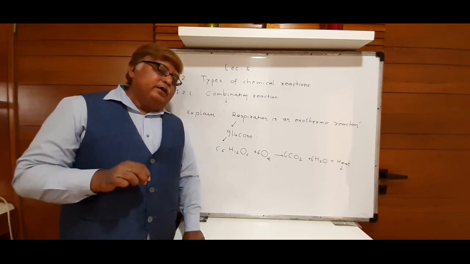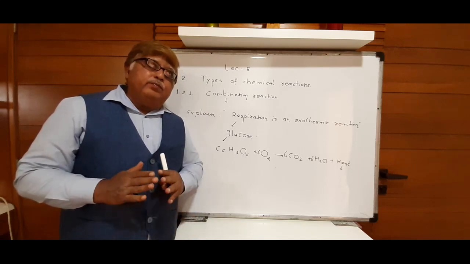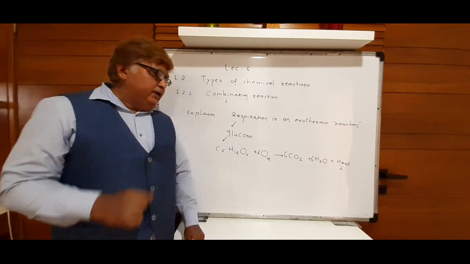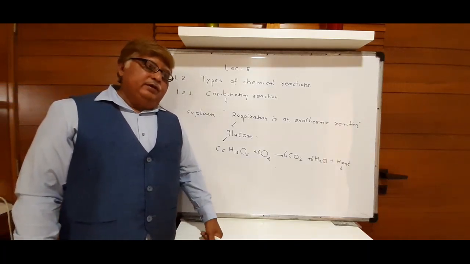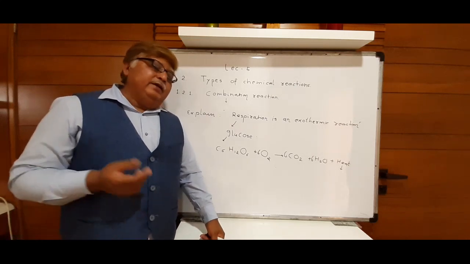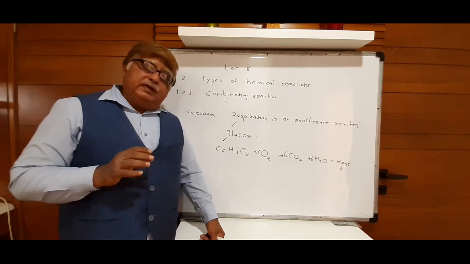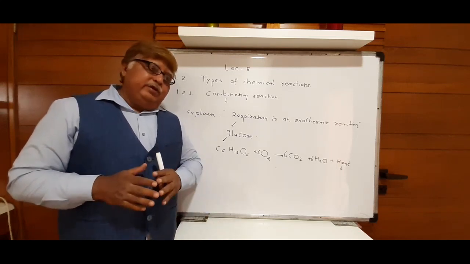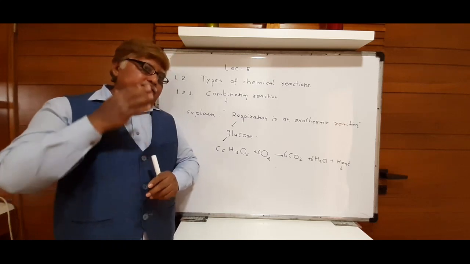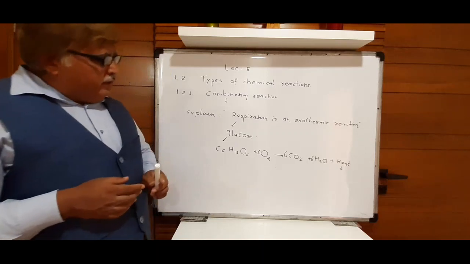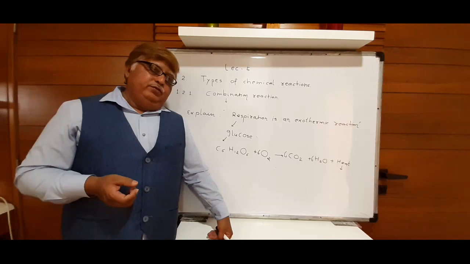Because during this chemical reaction heat energy appears as a product, that's why the above given reaction is definitely an exothermic reaction. And then at last you write: therefore, from the above explanation, we can understand that respiration is also an exothermic reaction.